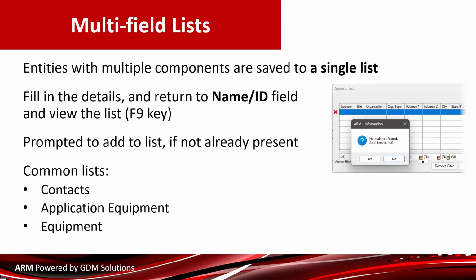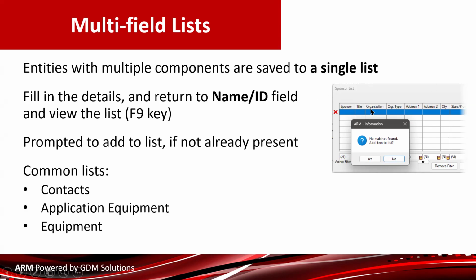So it's somewhat similar to filling in a treatment, right? Where you would fill in all of the details. Once you've done that, you go back to the main name or identifier field. And when you bring up the list from that field, ARM then has the full list with all those components that it'll check. So once you view that list, it sees, hey, have you used this one before? Have you added it to the list?